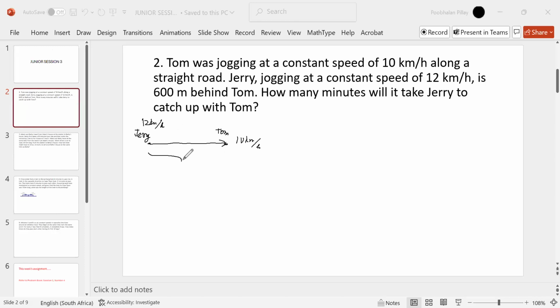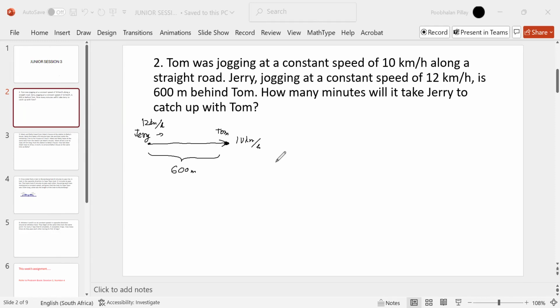But he is 600 meters behind Tom. So this is the story. Tom is here, Jerry is 600 meters behind him, both traveling the same direction, but Jerry is traveling faster, 12 kilometers per hour. So the question is, how many minutes will it take Jerry to catch up with Tom? He will catch up because he's traveling faster. So sometime or other he is going to catch up with him. And the question now is, how long would it take him to do that?